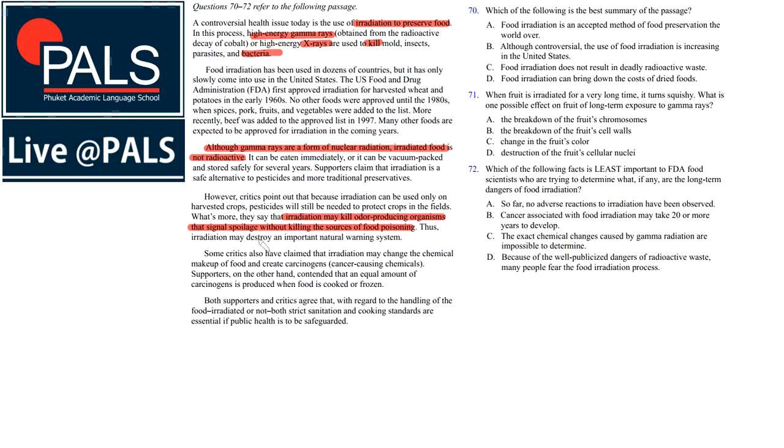So equal amounts of carcinogens are produced when food is cooked or frozen, same as irradiation creates carcinogens. Both supporters and critics agree that with regard to the handling of the food, irradiated or not, both strict sanitation and cooking standards are essential if public health is to be safeguarded.